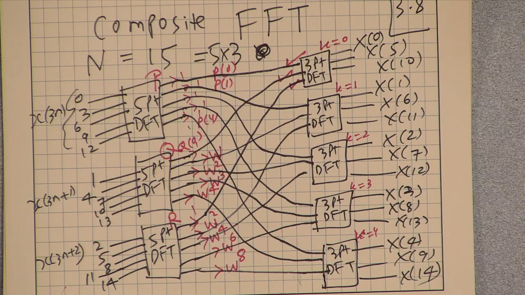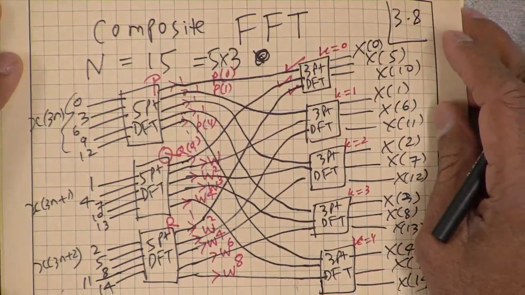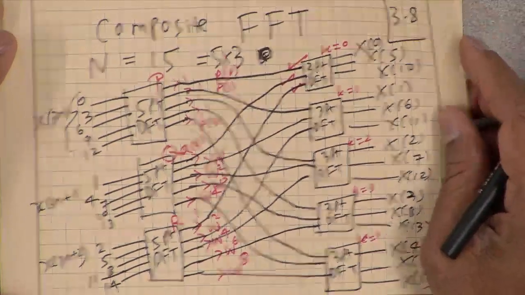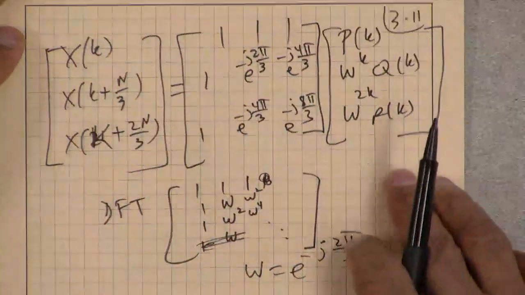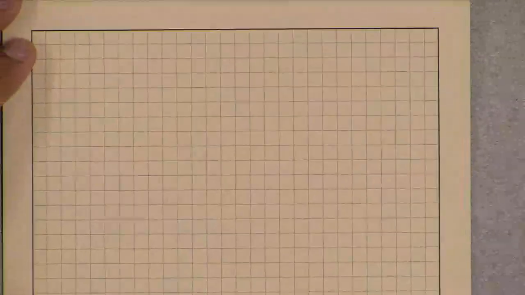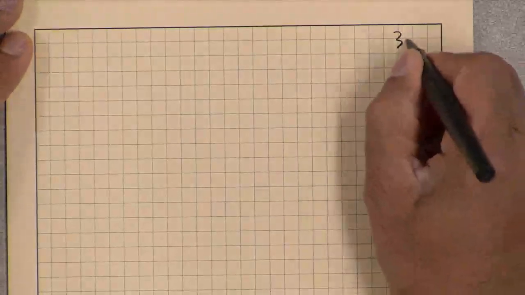So let me try to prove this to you using a little more complex mathematical formalism. We will go through the same thing, but using a little more mathematical formalism. Okay.